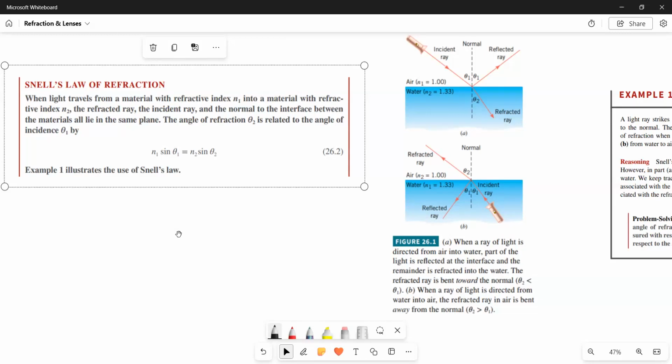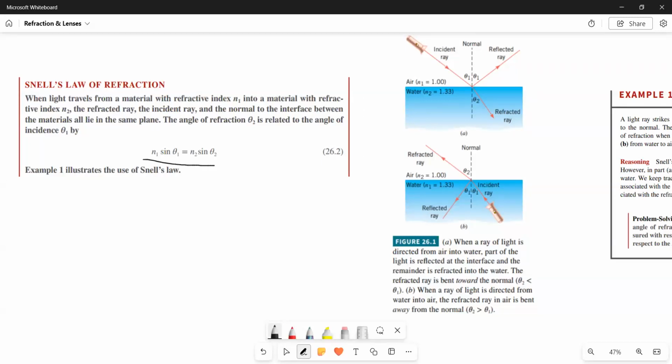And he came up with this law, saying that if you have two materials, the refractive indices of the two materials and the sine of the angle that is made between the ray and what we call the normal are related according to this equation here.